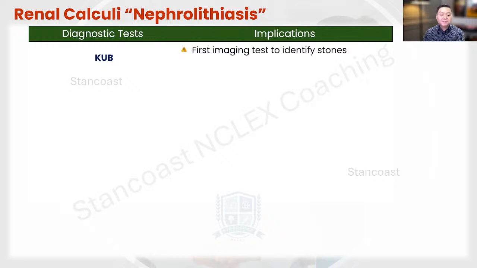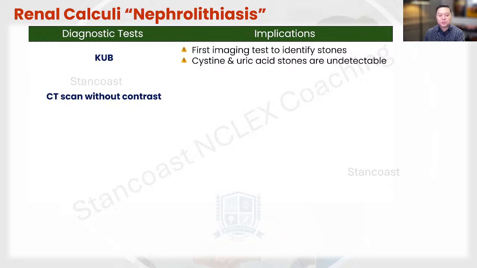Like the cystine and the uric acid, those are very kind of like they're trying to hide. They can't be visible in a regular abdominal x-ray. And so the doctor has to order a different imaging study in order to capture those. And so we have the CT scan or the spiral CT without the contrast.